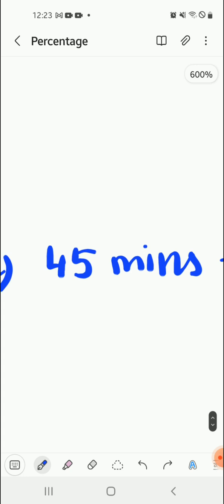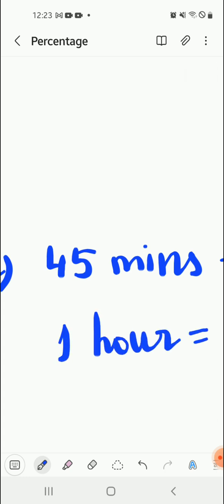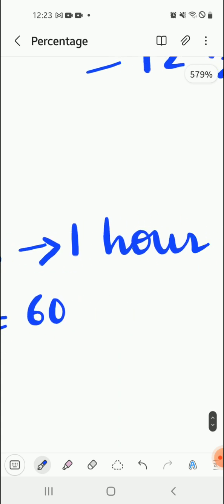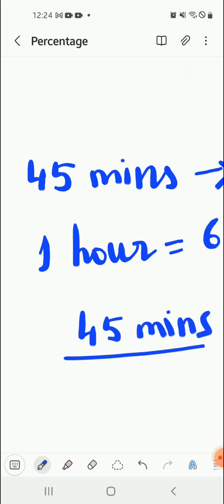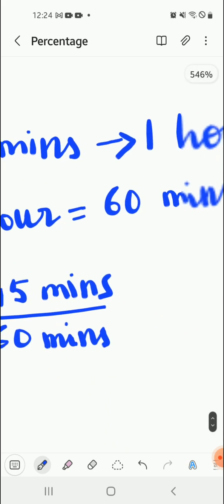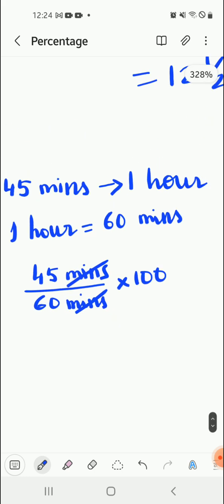Hour being the bigger unit, we will convert this hour into minutes. So 1 hour is 60 minutes. So 45 minutes by 60 minutes into 100. Minutes will get cancelled, and the 0 will get cancelled.